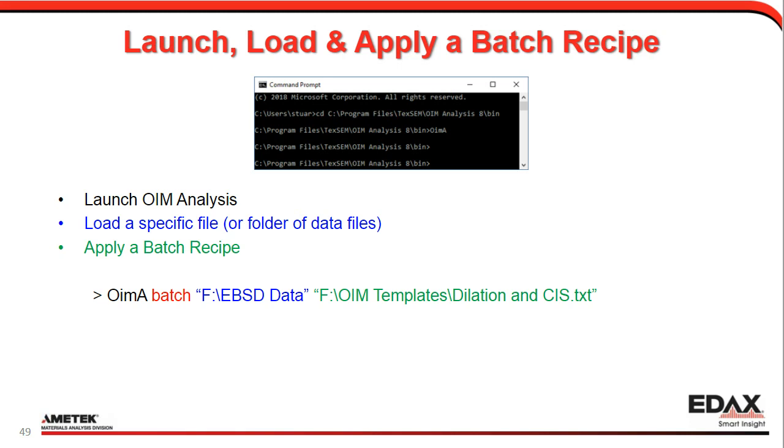So you can build it in OIM Analysis and then save that recipe as a text file, and it will use that and apply it to the data. So that allows you to do some really automated analysis. Remember, the batch recipe can include templates and things. So you have all that template capability, plus all the cleanups, maybe cropping, all kinds of things like that that you can apply and really get a lot of data out.